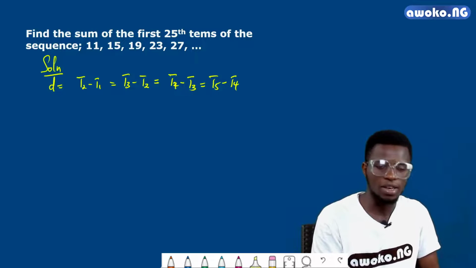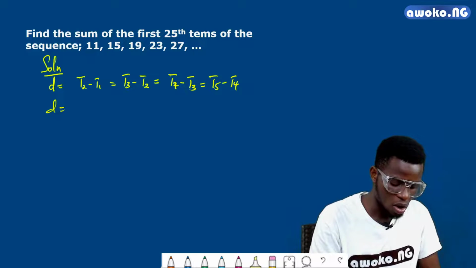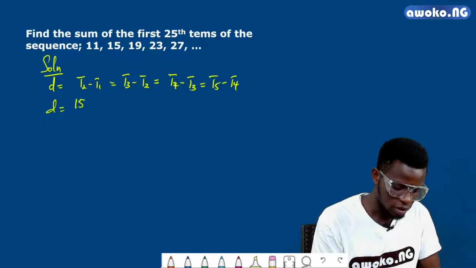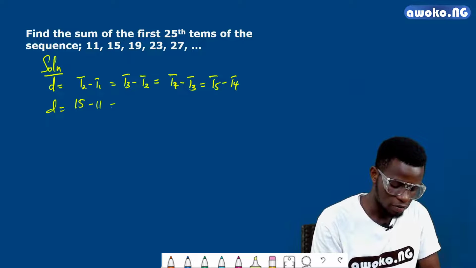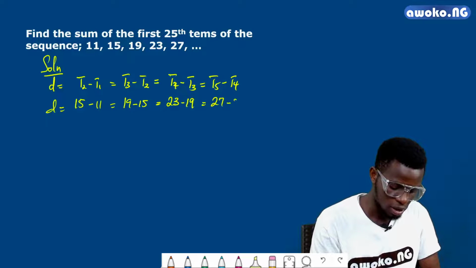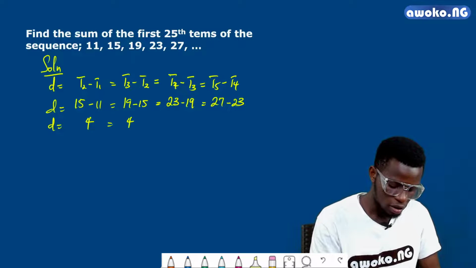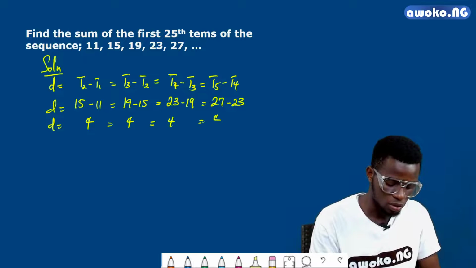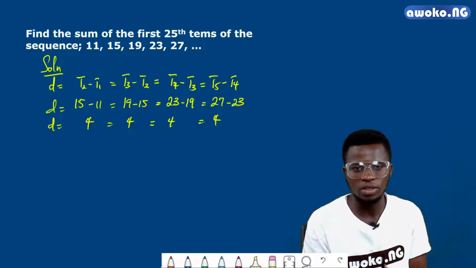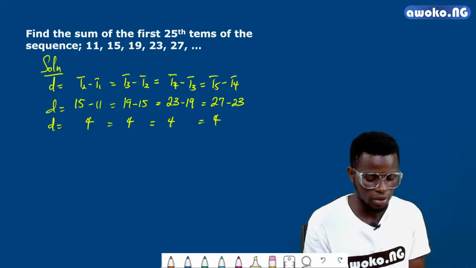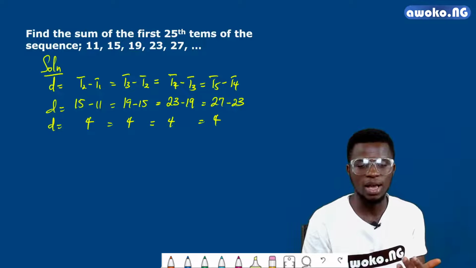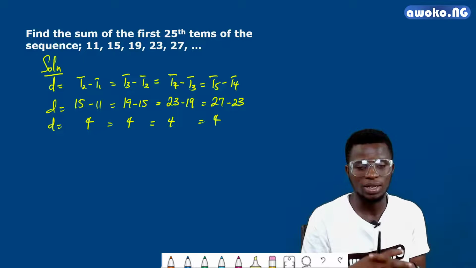So let us check if they are the same. d will be equal to 15 minus 11, which is equal to 19 minus 15, equals 23 minus 19, equals 27 minus 23. So d will be equal to 4, equal to 4, equal to 4, then equal to 4. Since all of them have the same value, then we can say that the sequence here is an arithmetic progression, or it's an arithmetic sequence.